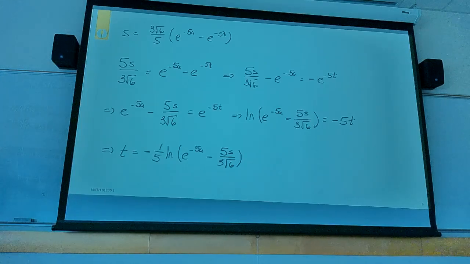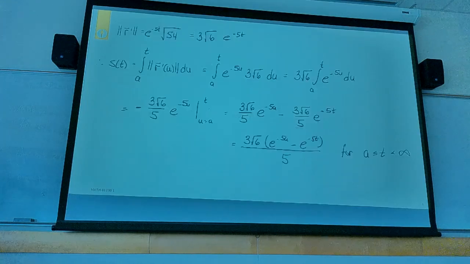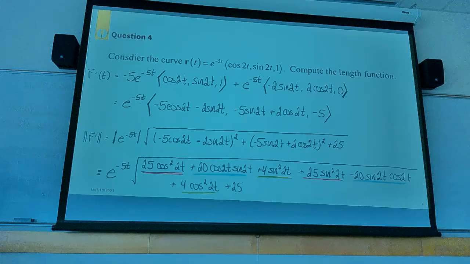What you would then have to do to get your arc length parameterization, which is r of s, take what we just found for t, go back to the parameterization. Everywhere there's a t, you put that in. And that would be your arc length parameterization.